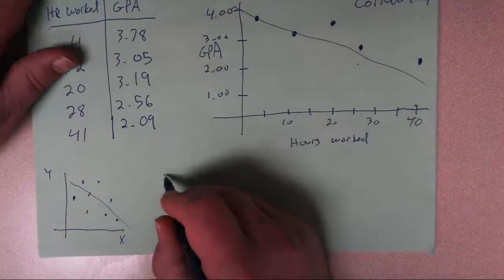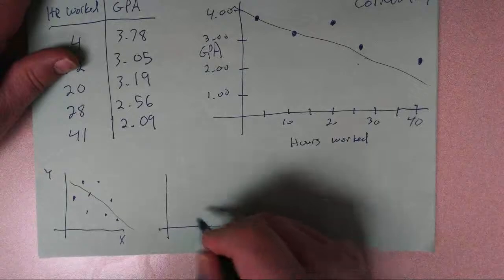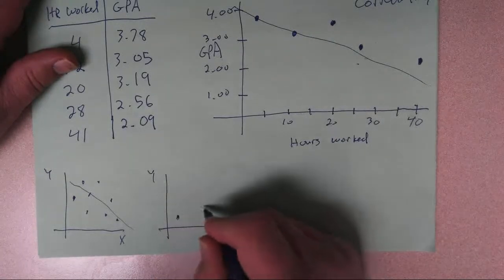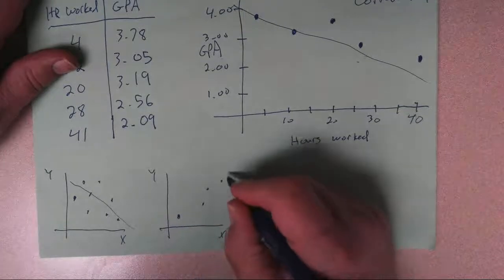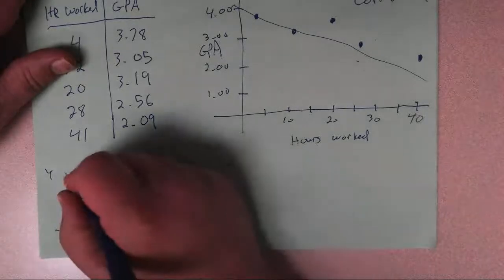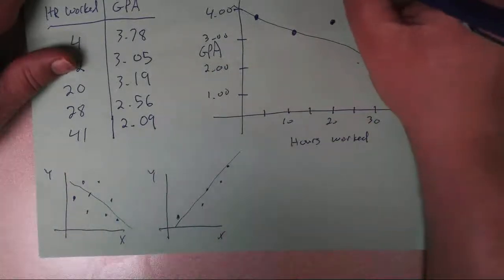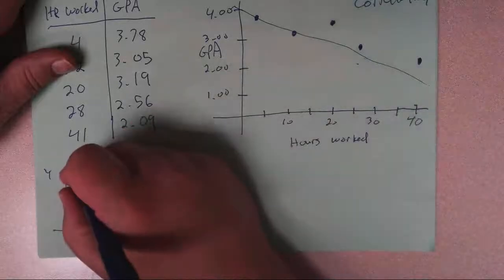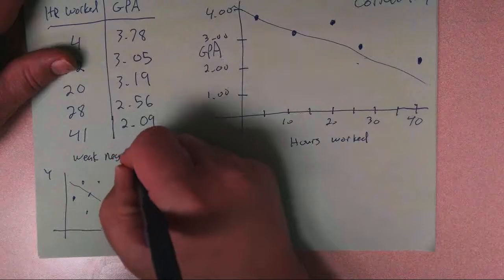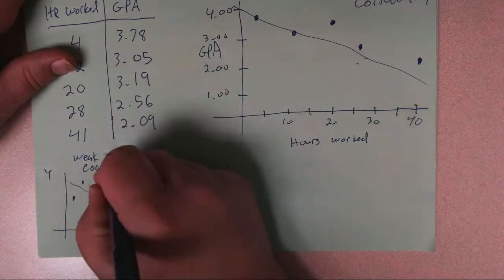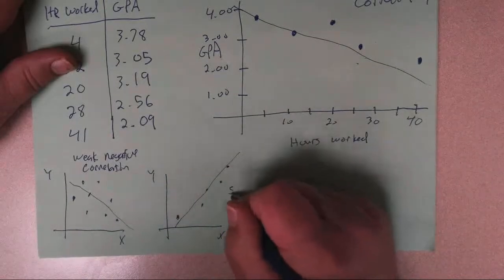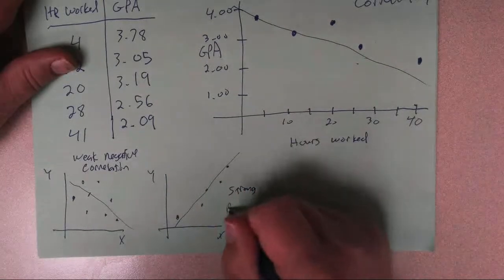A positive correlation would be as your x increases, your y also increases. So this would be a strong positive correlation. So you could say that this is a strong negative correlation. This is a weak negative correlation. And this would be a fairly strong positive correlation.